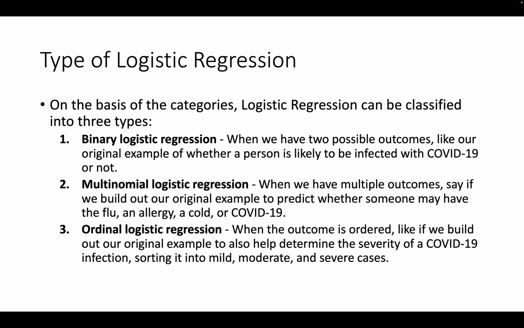That is, if there is COVID, how much is it: mild, moderate, severe, so that is ordinal. I believe that every ordinal is a multinomial, but not all multinomials can be ordinal, because the concept of multinomial is multiple outcomes. Even ordinal has multiple outcomes, just that they are in an ordered fashion and belong to the same group.